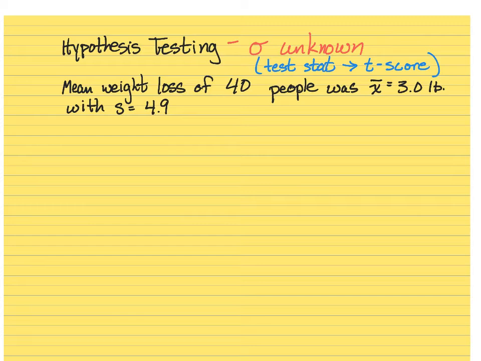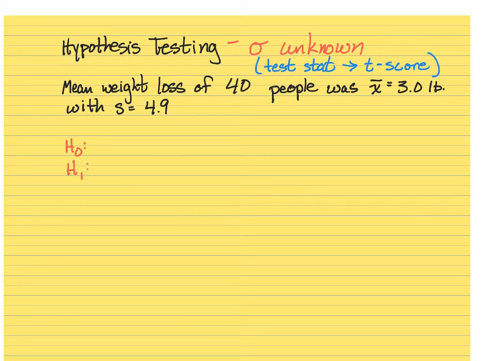We're testing the effectiveness of a weight loss program, and so we want to see if the weight loss program works. When we test something like this, we have a null hypothesis and an alternative hypothesis. The null hypothesis is always about the average, because we're considering the average weight loss of people on this plan.